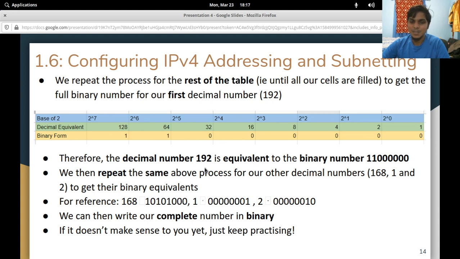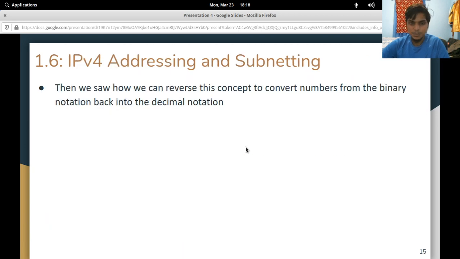Cisco won't ask you a question like convert 192 into binary. This is just part of a bigger question, which you'll need to understand this to solve. So just pick a method and practice it as much as you can until you're comfortable with it, and then we'll move on from there.